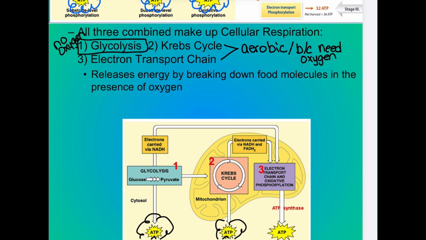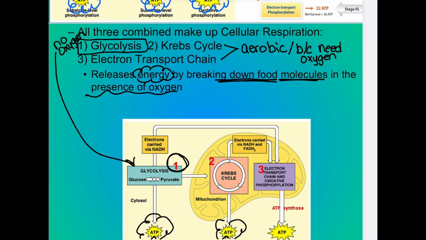And what's really happening is we are getting energy by taking our food molecules and breaking them down when oxygen is present. So you can see our three steps. Step one is glycolysis, which requires no oxygen. Step two is the Krebs cycle, and step three is the electron transport chain.